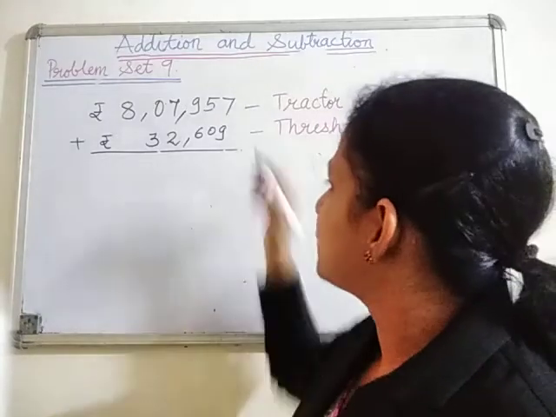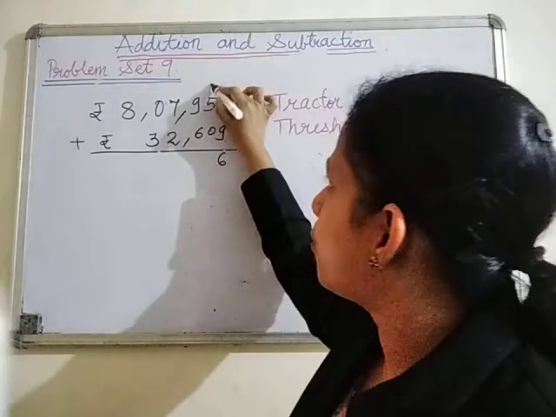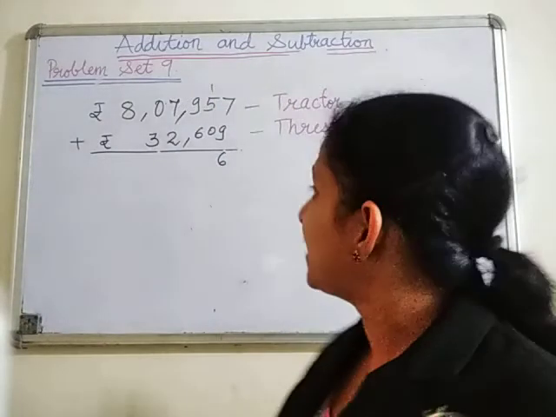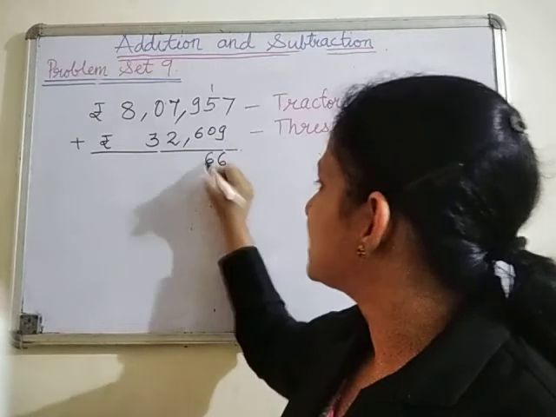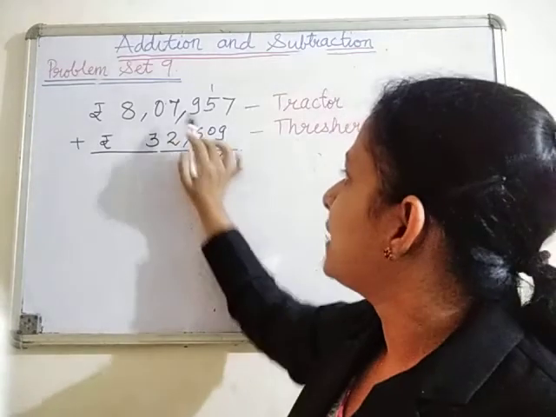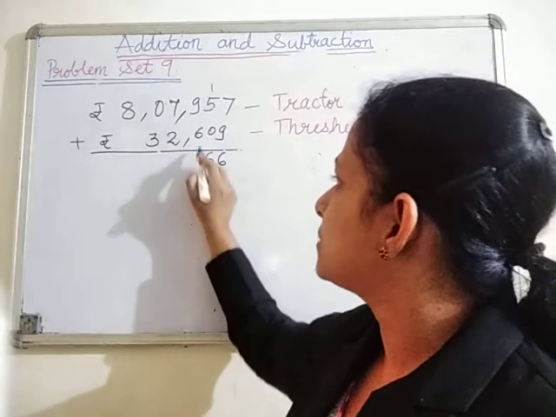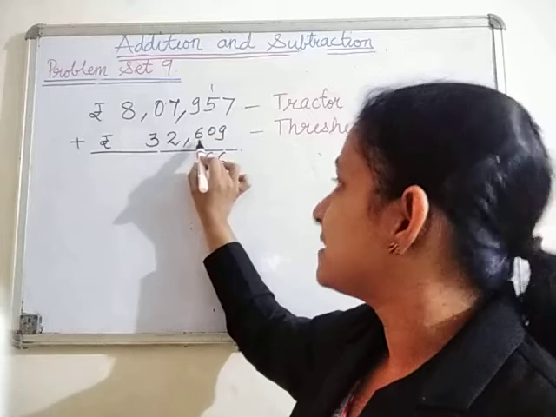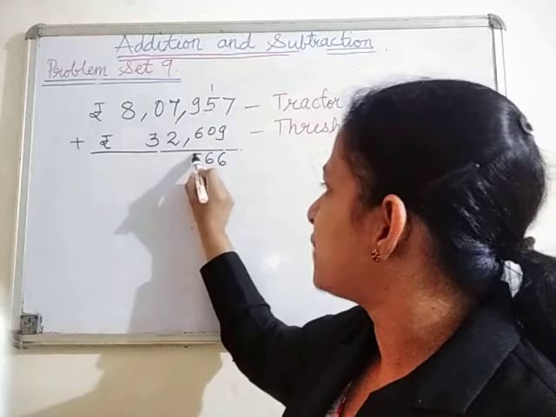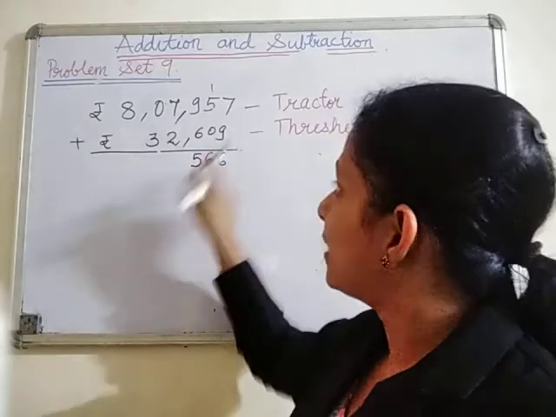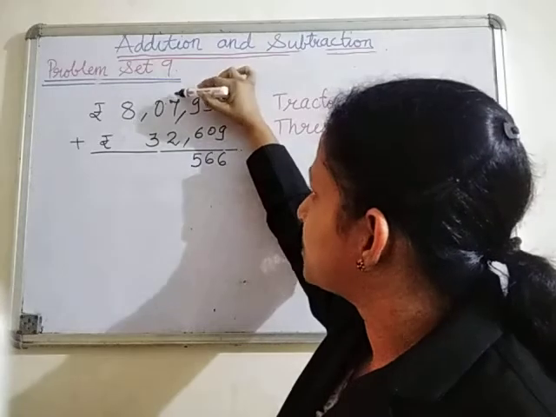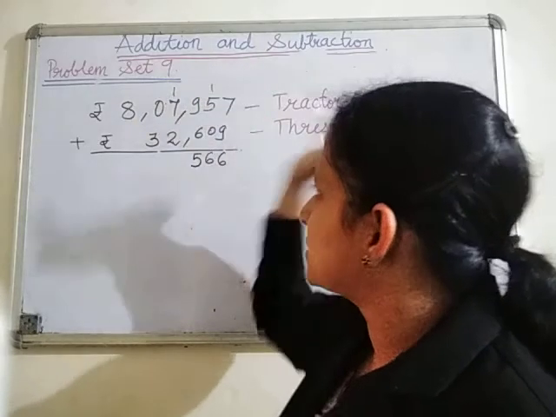So 16, you write 6 here and carry 1 to the tens place. Fine. Now 5 plus 1 plus 0 is 6 again. Now 9 plus 6 is equal to, as I mentioned, this is 9, this is 6, so the answer will be 15. 1 less than 6, so 5, and 1 carried to the thousands place.